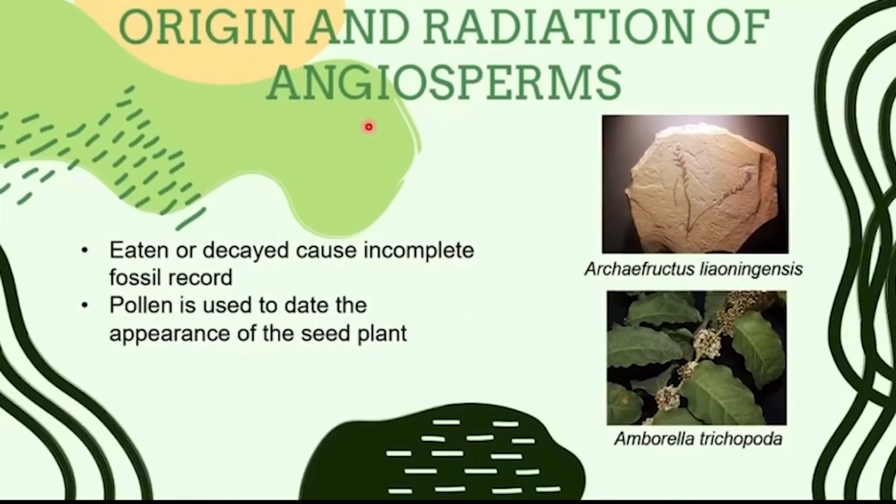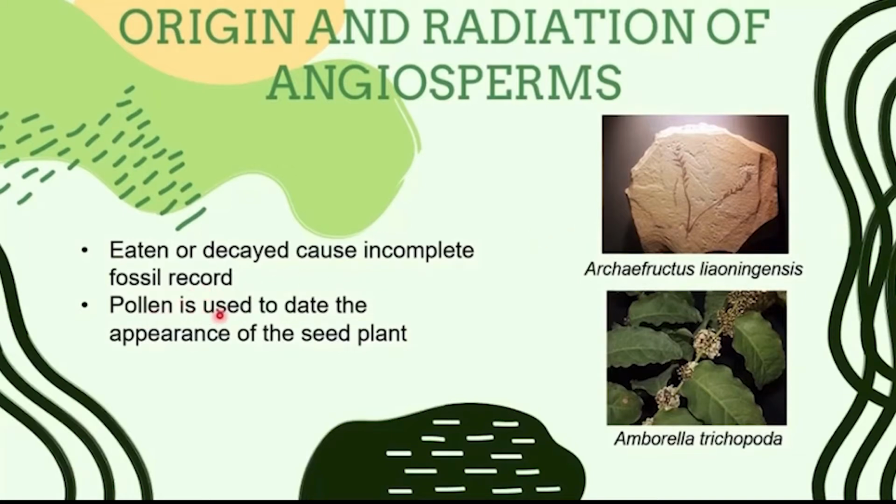The origin and radiation of angiosperms. Plants are often eaten or decayed before they can be preserved, so it provides an incomplete fossil record. But recently, one angiosperm fossil was found, and it is 135 million years old, dating to the Jurassic.